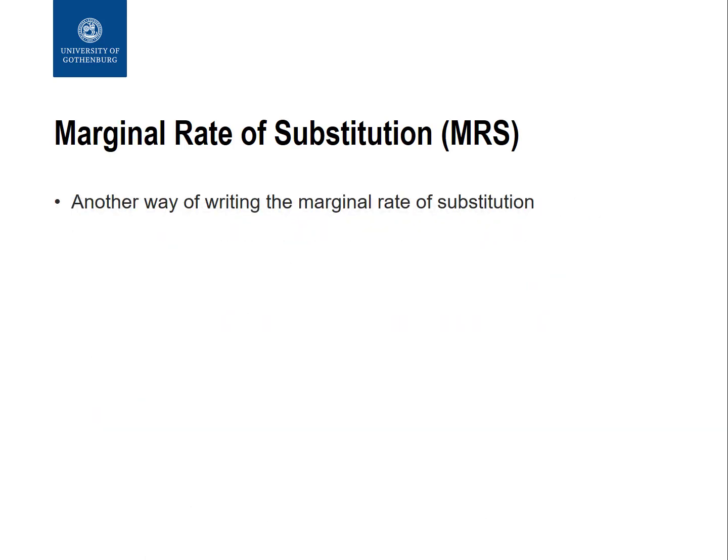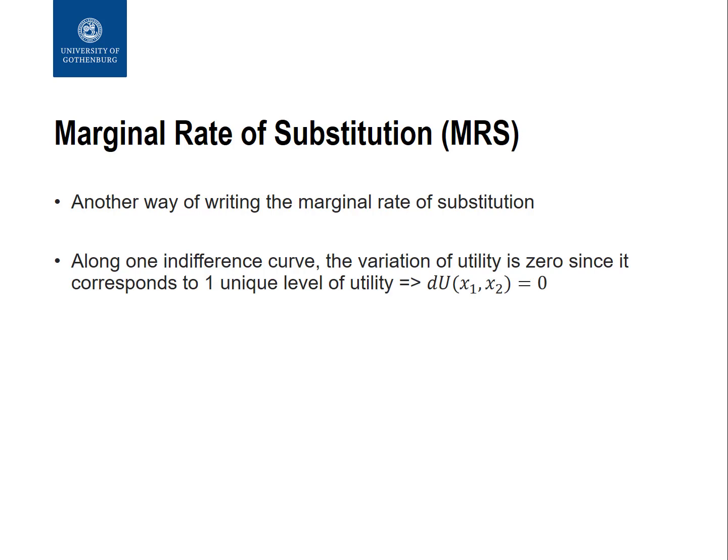There is another way of writing the marginal rate of substitution. This is the slope of the indifference curve, but along an indifference curve, the variation of utility is 0 since it corresponds to a unique level of utility. So that means that du equals 0. The variation in utility equals 0. Thus, by decomposing du totally, we get that the differential of u with respect to x1 times the variation in x1 plus the differential of u with respect to x2 times the variation of x2 is equal to 0.